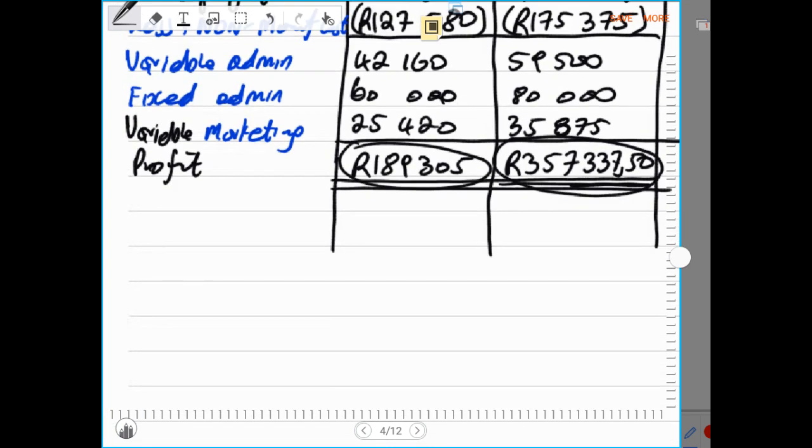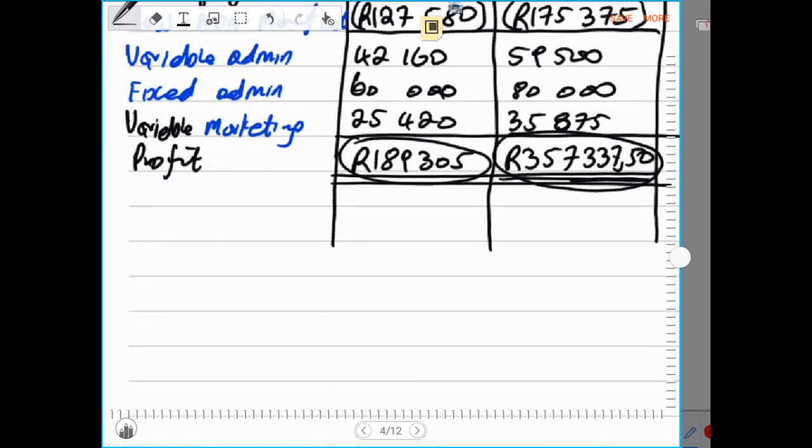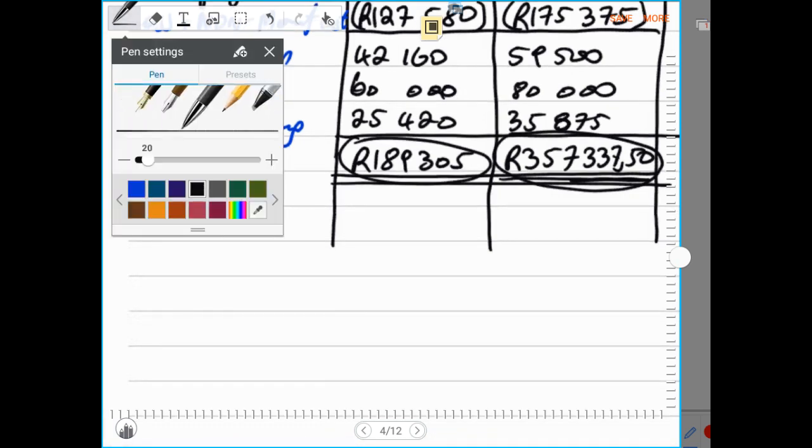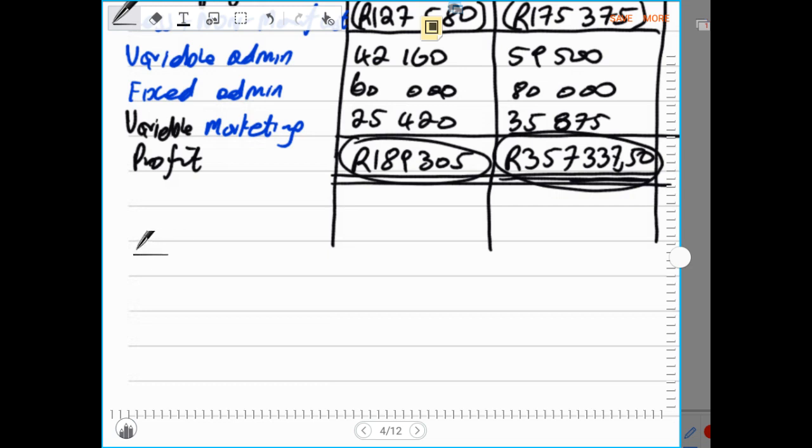Then now let us do the last part, which is the reconciliation. Then in the reconciliation we say direct profit. We are required to do it only for the month of July.